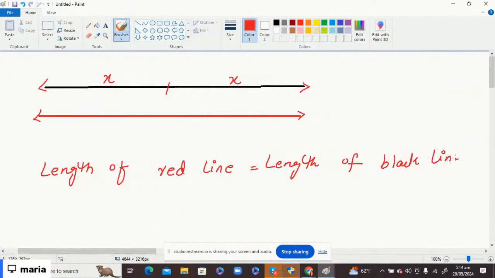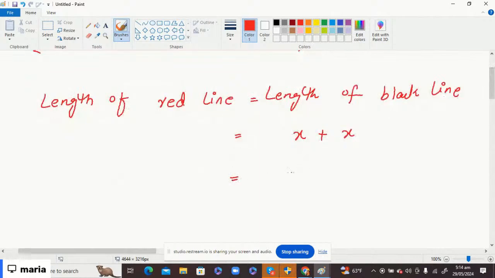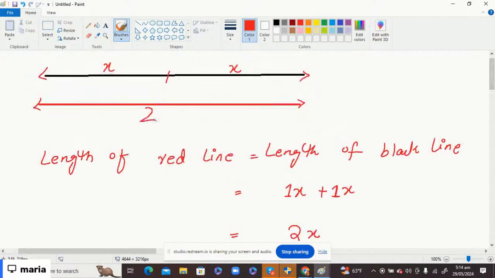As we know, we are not going to write the length of the red line because no length is given, only the length of the black line is given. What is the length of the black line? The first segment is x, the other one is x. So this is x plus x because we are adding. Now when you add, how much is it? It's 2x, because here the coefficient is 1, and here is 1, so 1 plus 1 is 2x. So what is the length of the red line? This is 2x.